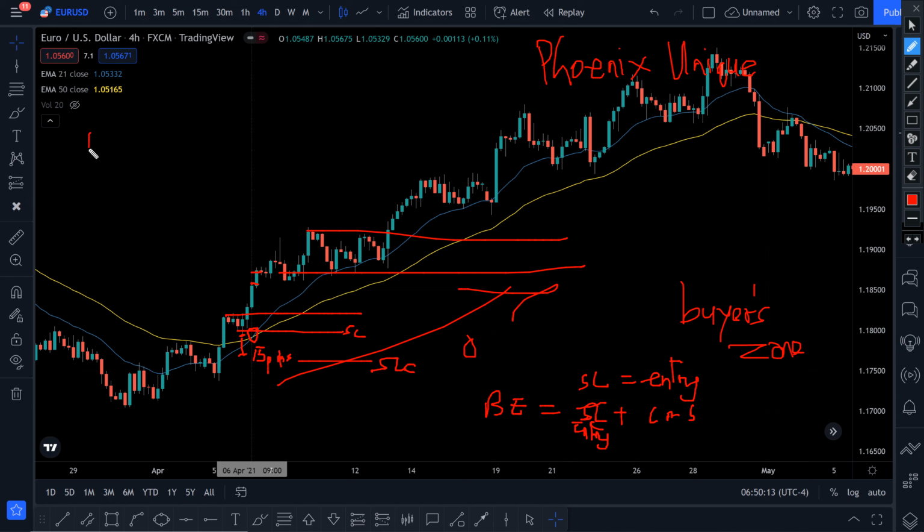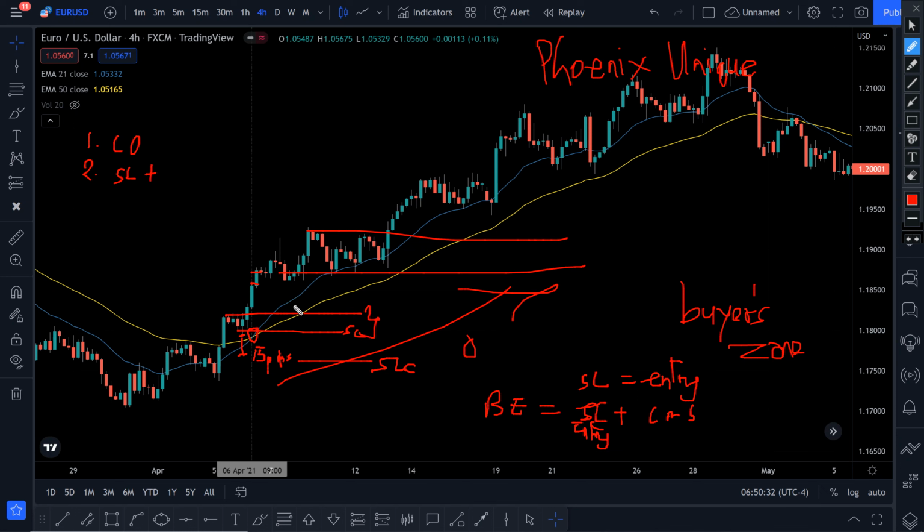So rule number one is the crossover. Rule number two, your stop loss will be at the closest support and resistance demand zone, which is here.